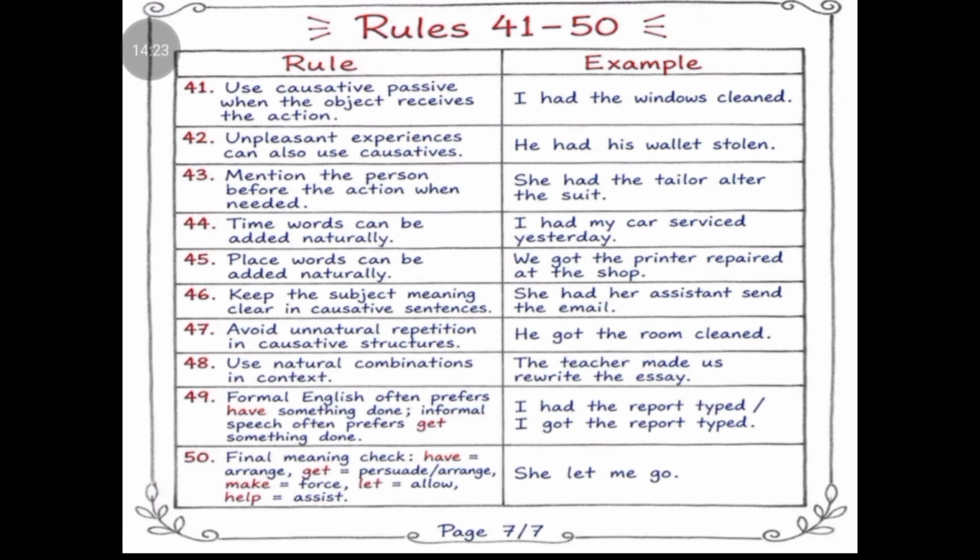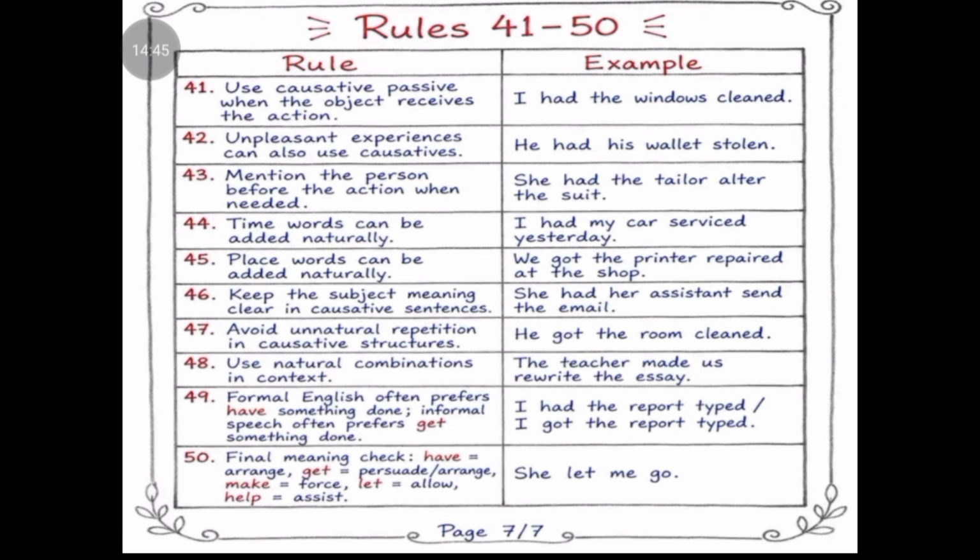44. Time words can be added naturally. For example, I had my car serviced yesterday. The time word there is yesterday. 45. Place words can be added naturally. For example, we got the printer repaired at the shop.